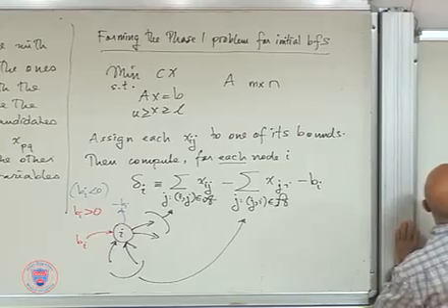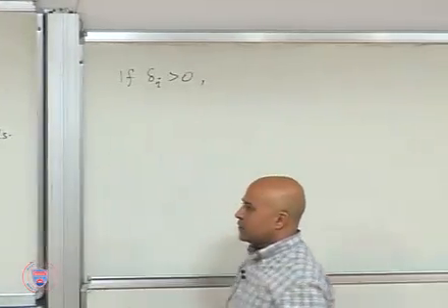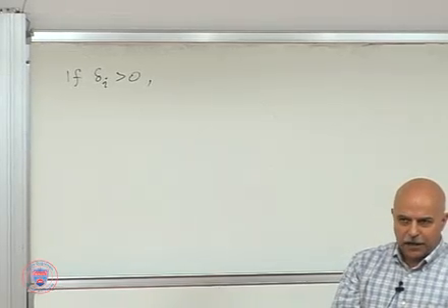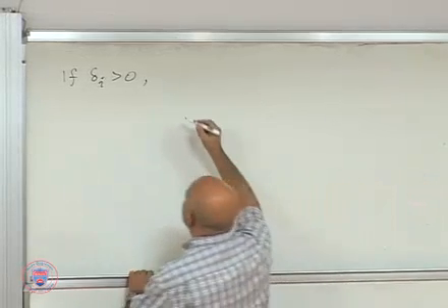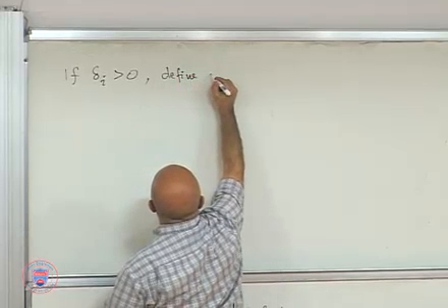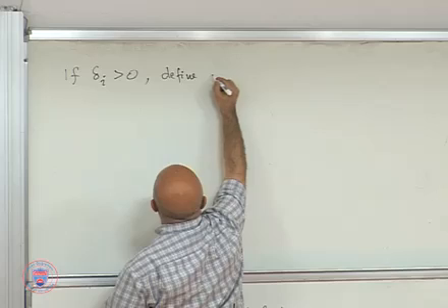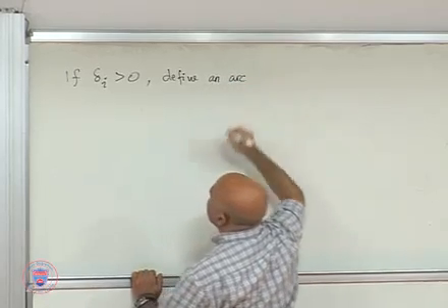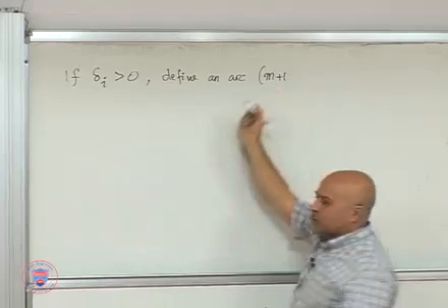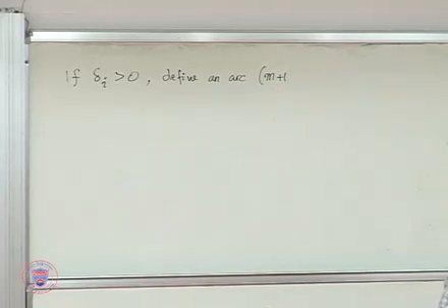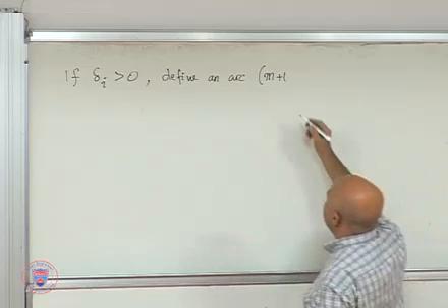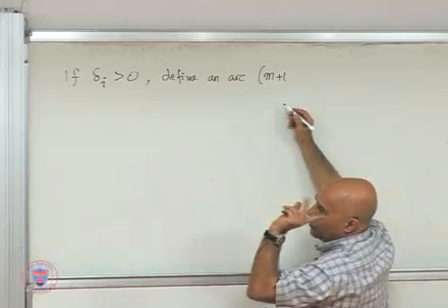Now, if delta I is positive, you have a positive number of units coming out of I. In which case, define an arc from m plus 1. M plus 1 is a new node, a dummy node that you insert into the problem. The old problem has m nodes.